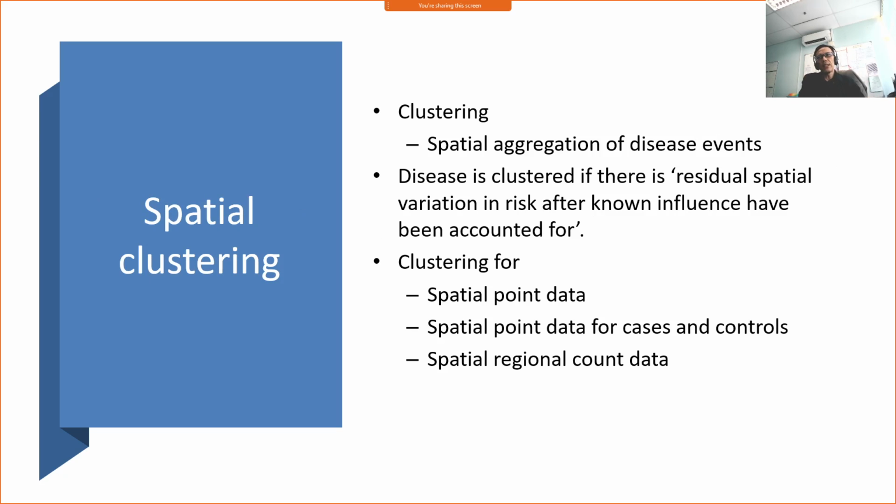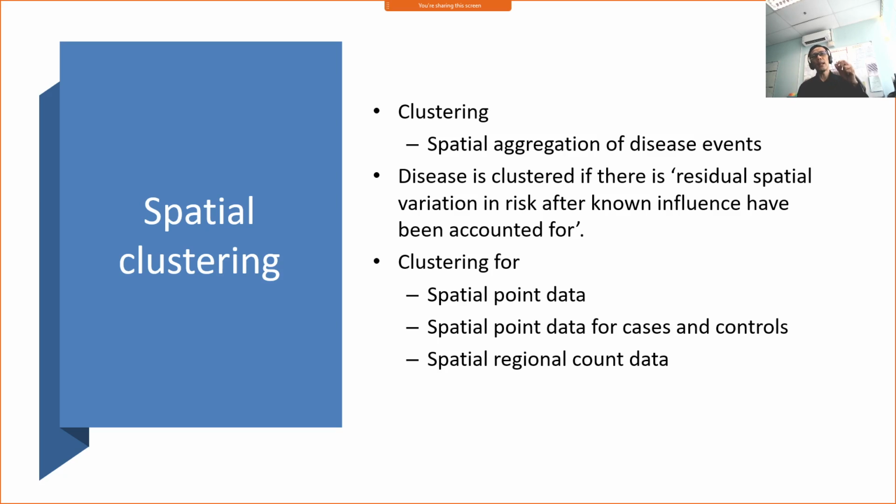Next, spatial clustering. This is always of interest to epidemiologists, that we want to know if disease happens in clusters. So is there any spatial aggregation of disease events? A disease is considered clustered if there is residual spatial variation in risk after known influences have been accounted for.